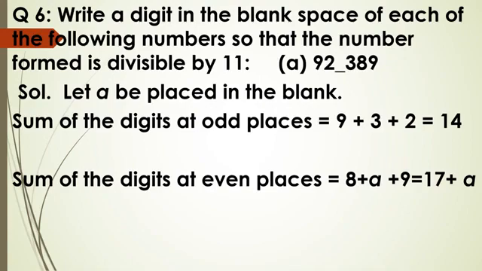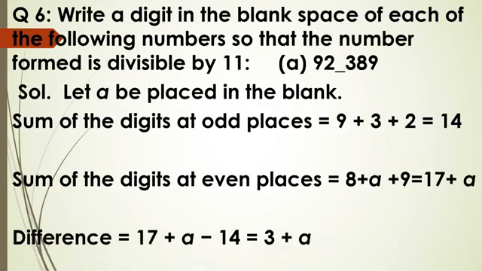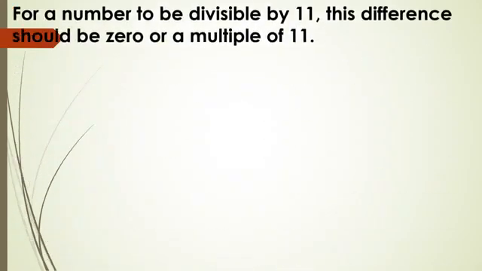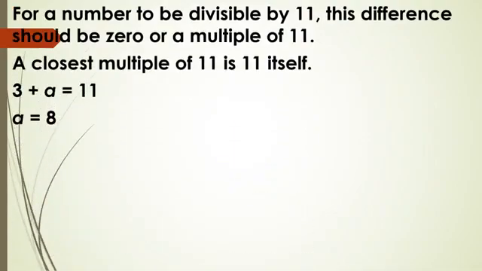Now find out their difference. 17 plus A minus 14. We will subtract now. 17 plus A minus 14. So 17 minus 14 is 3. Okay, and A will remain A. That is 3 plus A. Now see, if our number is 3 plus A, what do we write in place of A so that the number is divisible by 11?